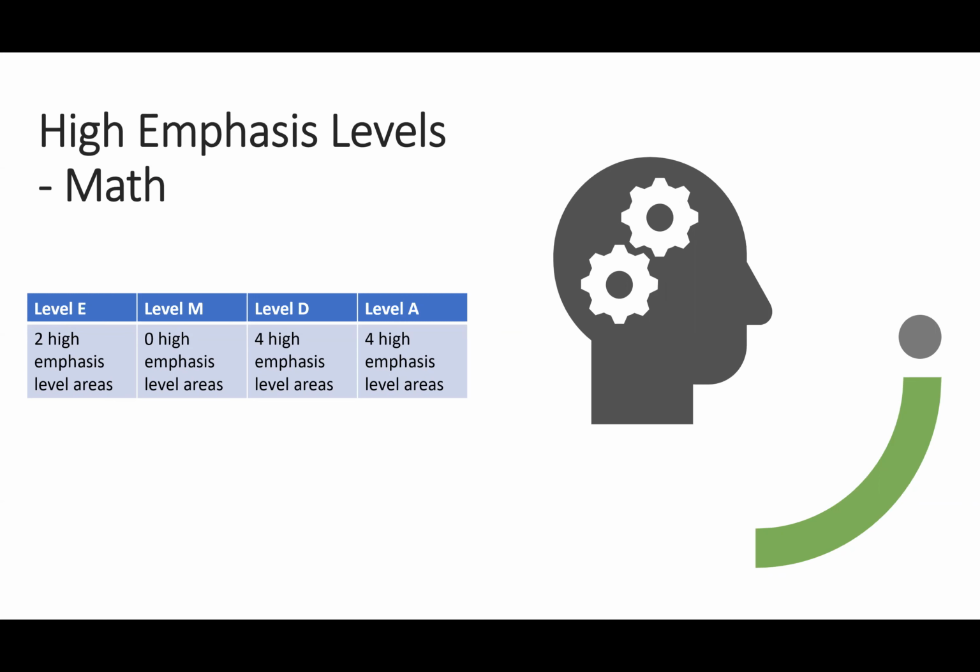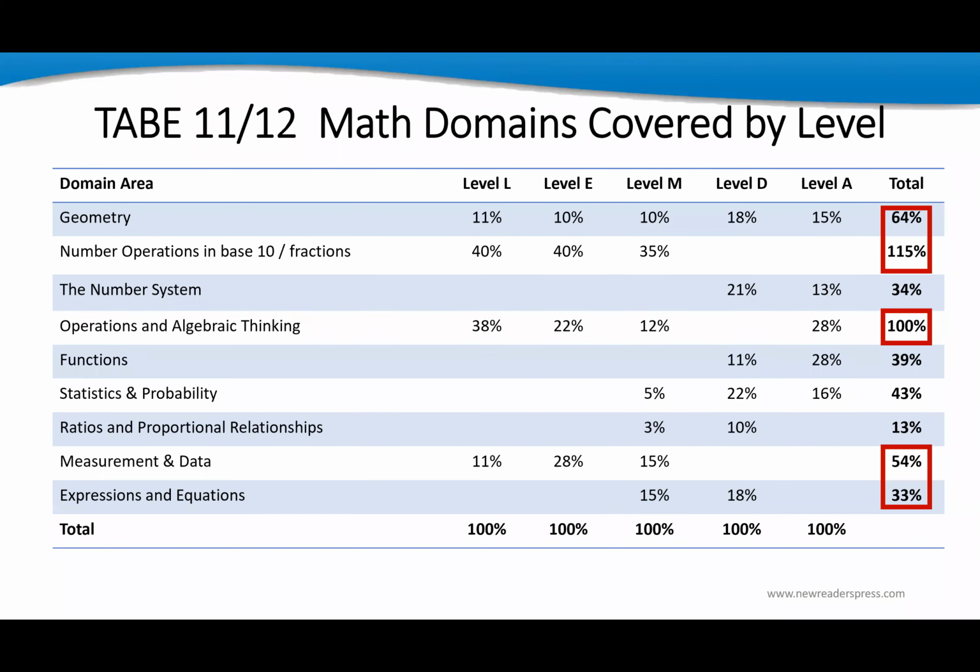At M level, there are, however, medium and low emphasis level areas. And when we look at the coverage by domain area, we see that geometry, operations and algebraic thinking, measurement and data, and expressions and equations may yield results if you particularly focus on these areas with greater emphasis.